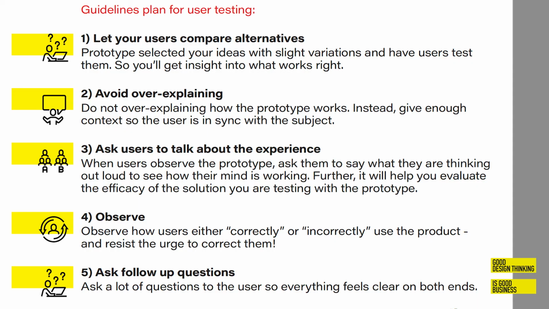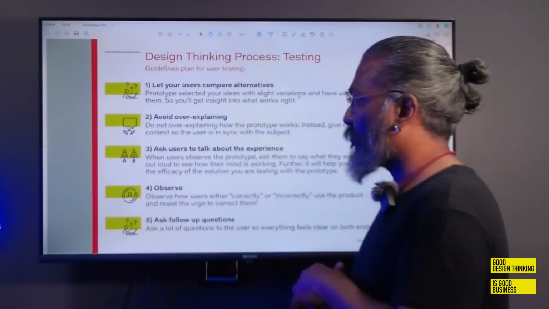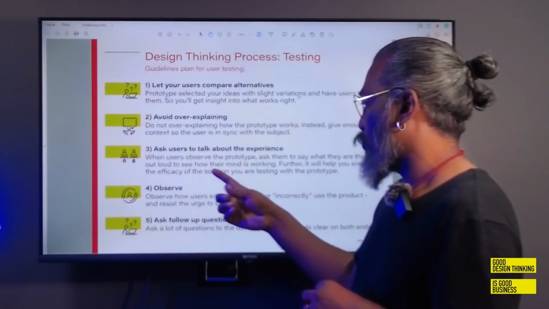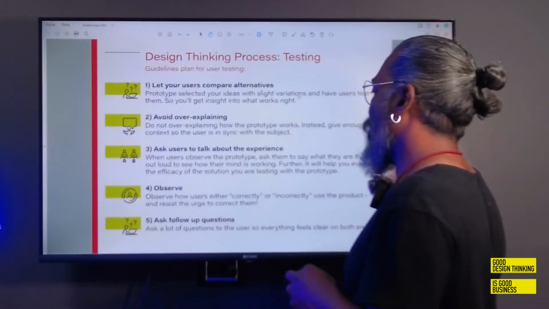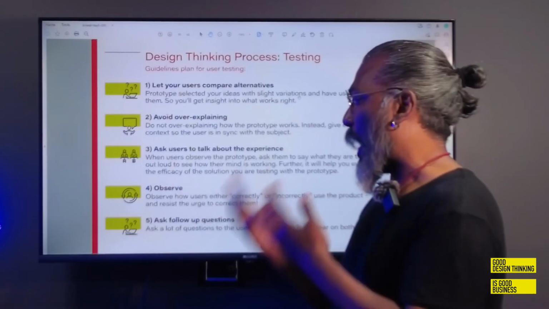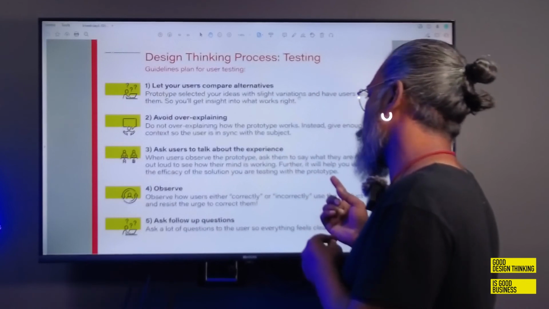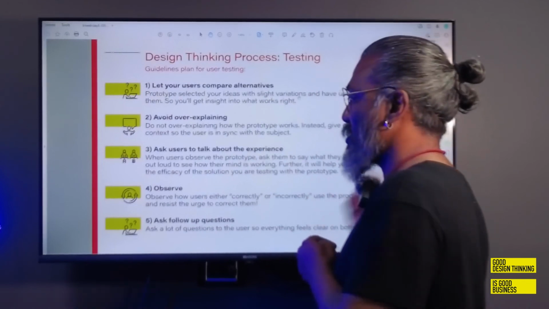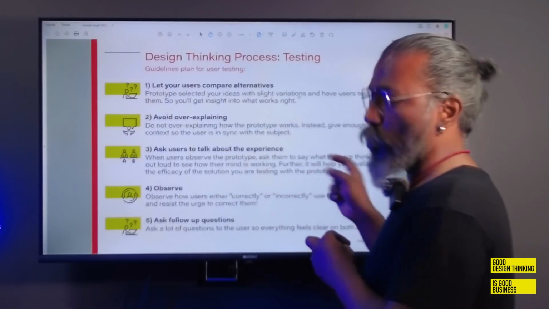Okay? Ask the user to talk about the experience. This is really critical because you will get authentic feedback from them. When a user observes a prototype, ask them to say what they are thinking out loud to see how their mind is working. Further, it will help you evaluate the efficiency of the solution you are testing with the prototype.